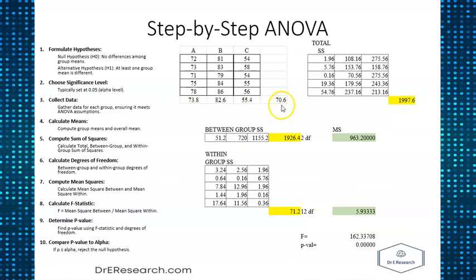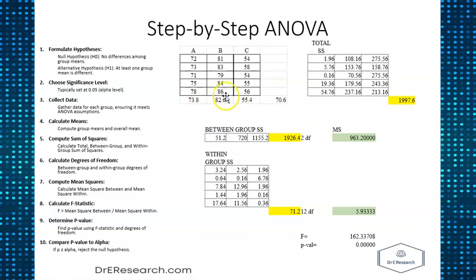So 3.8 minus 0.6, I square that number, and then I multiply by the number of observations in that group. And remember, they don't have to be exactly equal, and that's where I get that 51.2. So it's just the difference between the group mean and the overall mean, squared and multiplied by the number in the group.